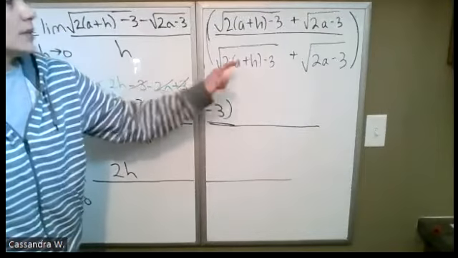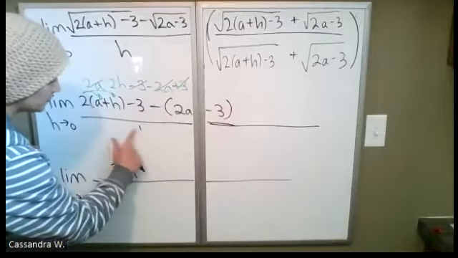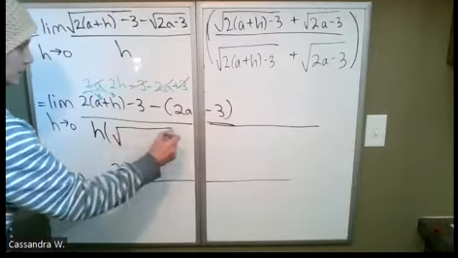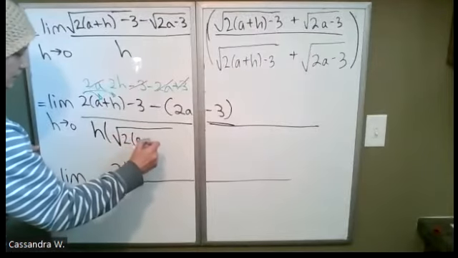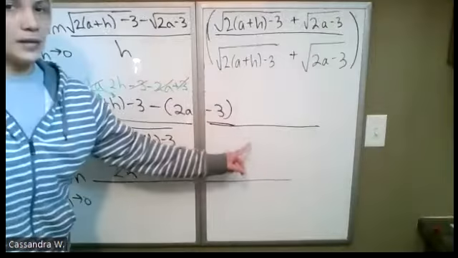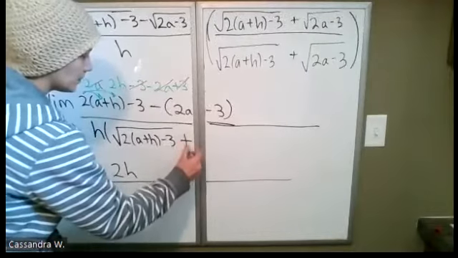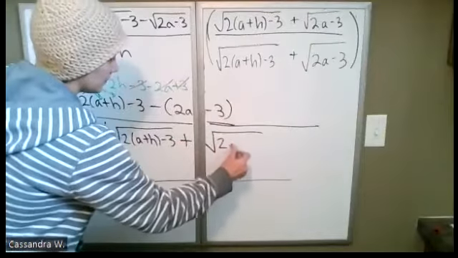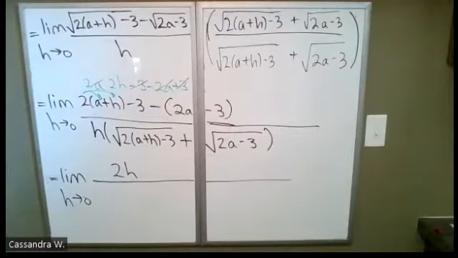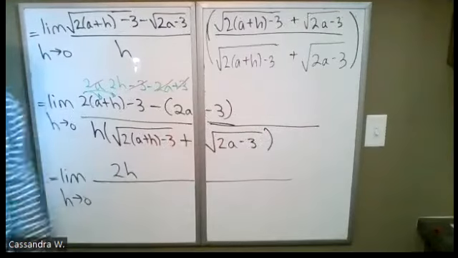So times the root of 2 times a plus h minus 3, and then plus that root of 2a minus 3. Okay, so there's a 2h over h times all of that.